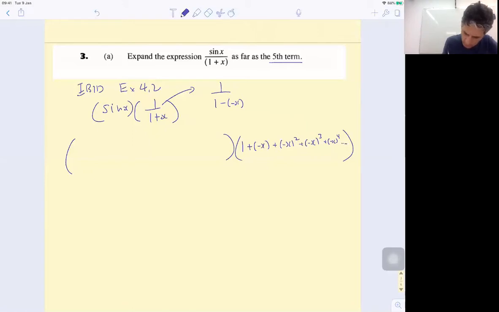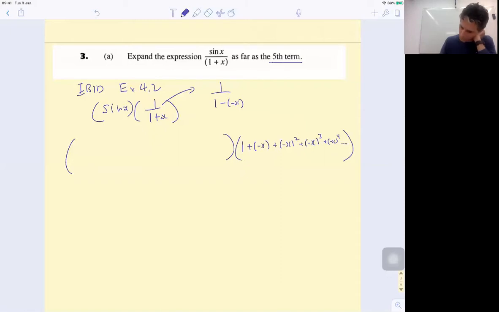So we end up with x minus x squared. Well, 3 factorial is 6, so this is 5 over 6 x cubed. And then minus 5 over 6 x to the 4th. And then over here, 5 factorial is 120, isn't it?